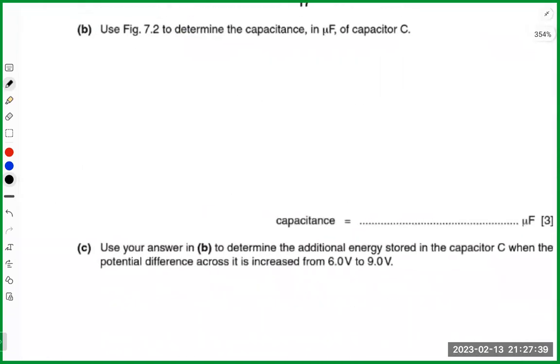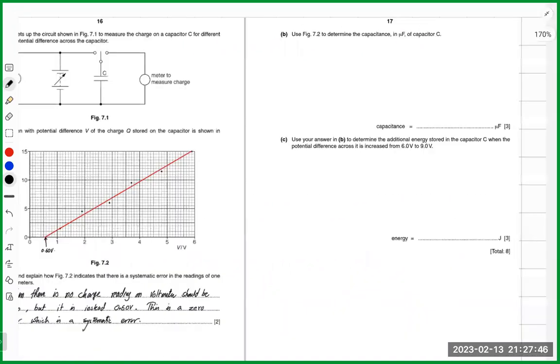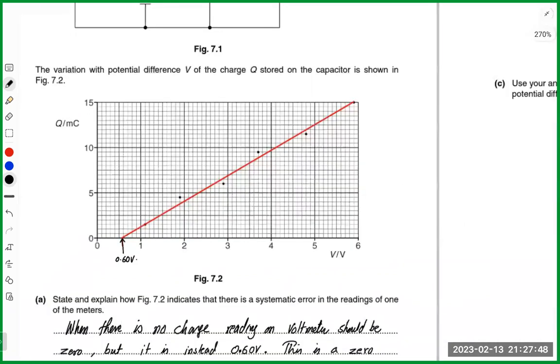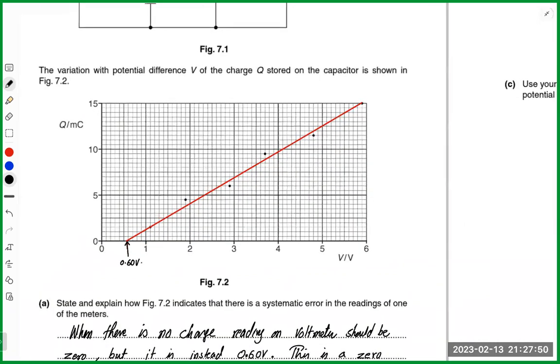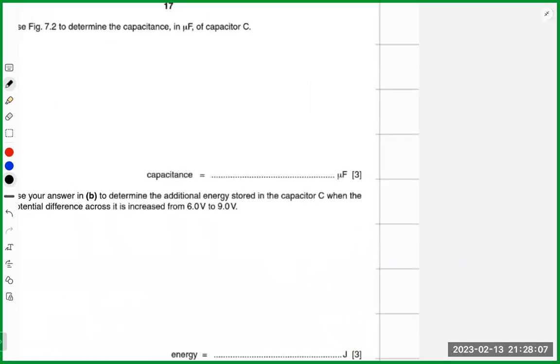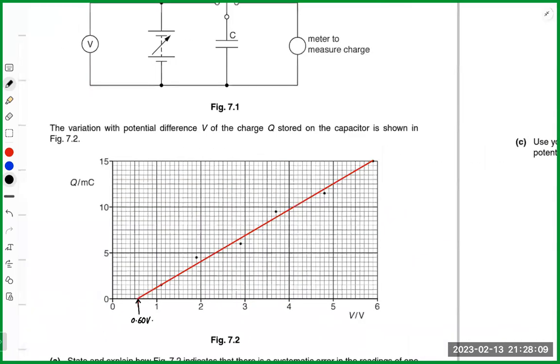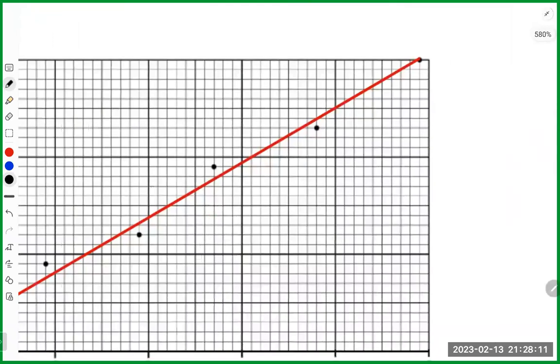Now, the capacitance in microfarad for capacitor C. If you have a graph of charge and voltage, what feature of this graph actually gives you capacitance? Is it the gradient or the area? The gradient. So to find the gradient, we have to select 2 points on the line.